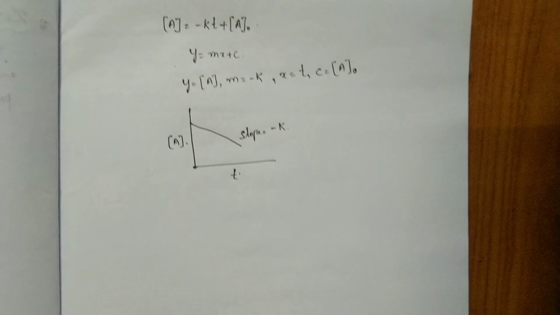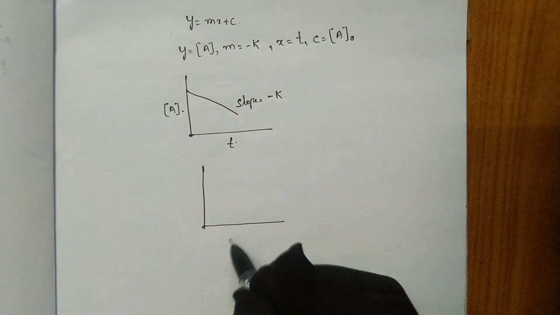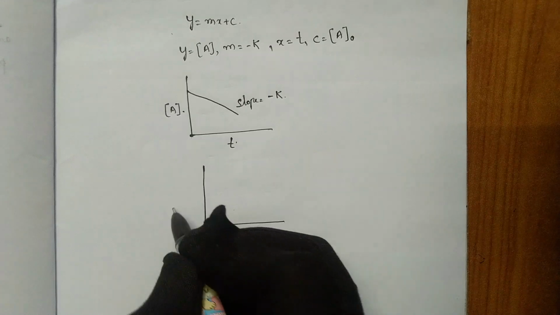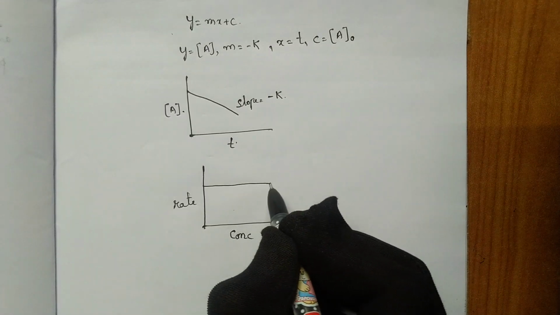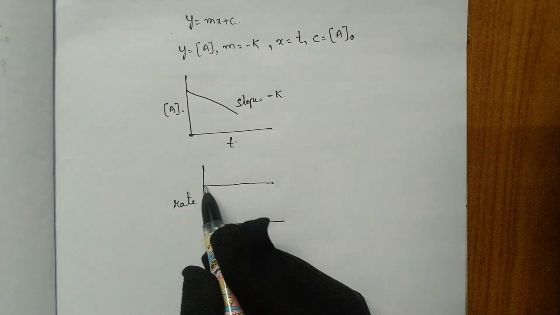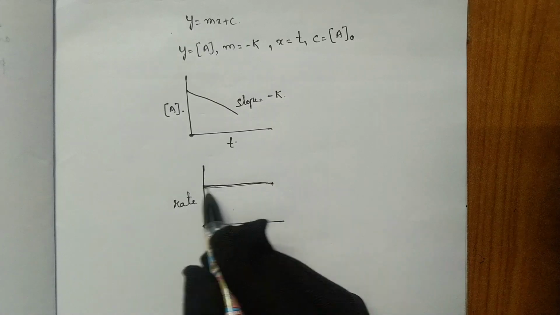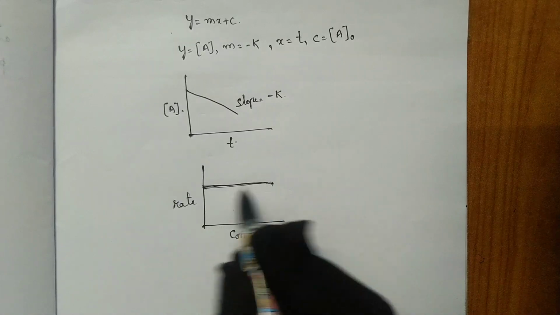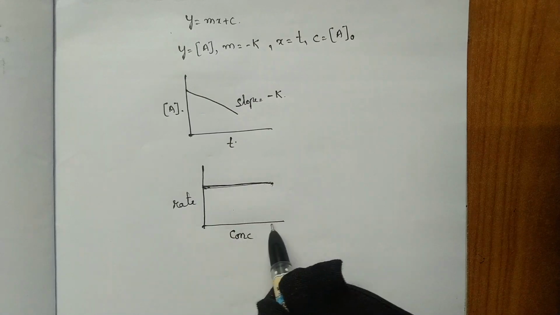Now let's draw the graph between concentration of reactant and rate of the reaction. We'll get a graph as a straight line, parallel to the x-axis.